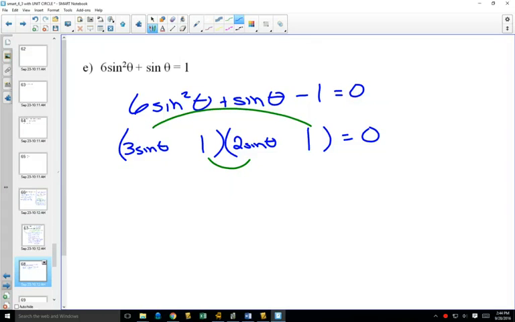And one of them needs to be positive, and one of them needs to be negative to get the negative 1. We want a positive sine theta, so we would want our 3 to be positive, our 2 to be negative. And so it allows us even to factor these tough ones really quickly.